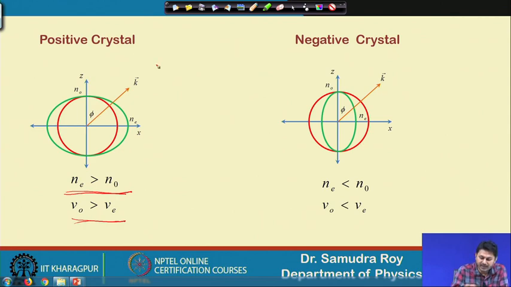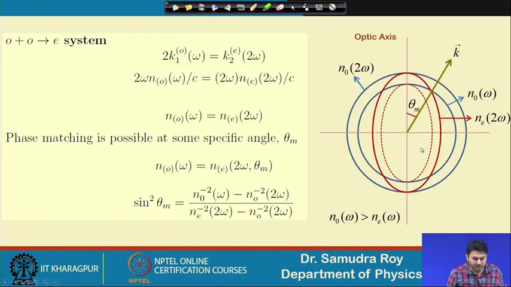This is the direction of k in both cases, for negative and positive crystals. This is the old slide I am using, because we have already learned this. To recapture what is going on, we show that. Now we would like to understand what is happening in the OO system. That is exactly the thing I was trying to do a few minutes ago.